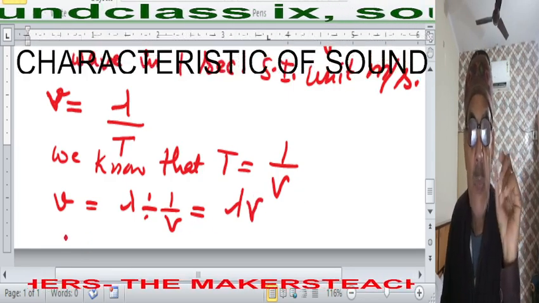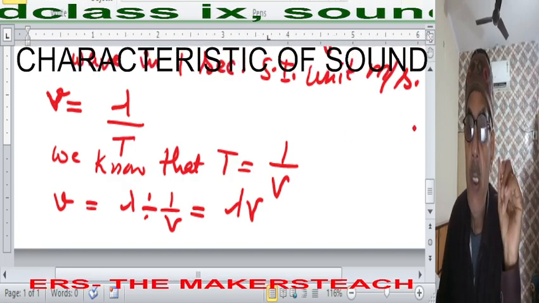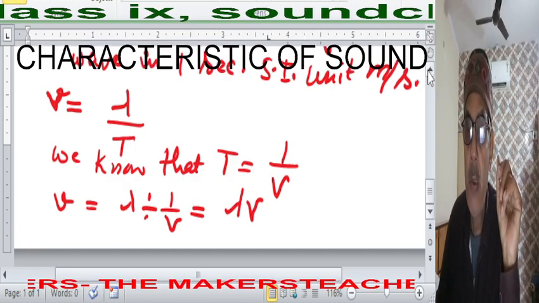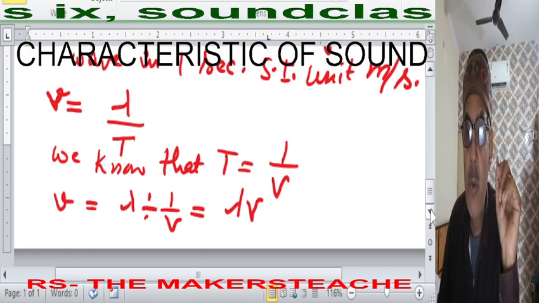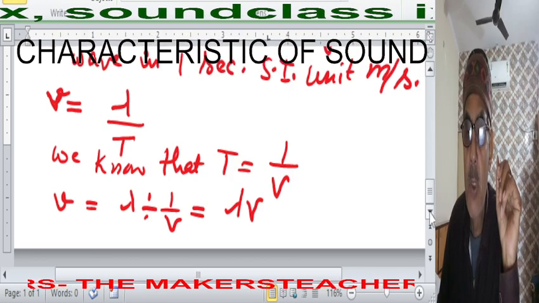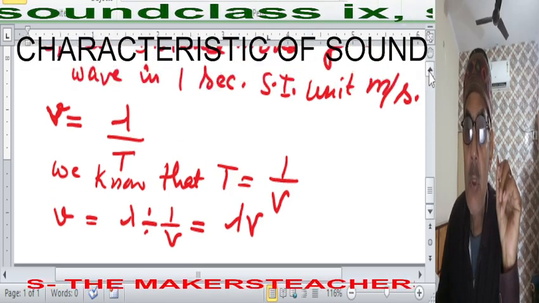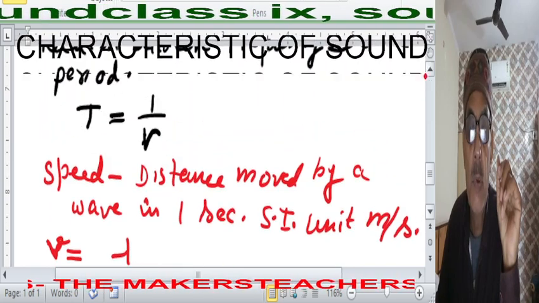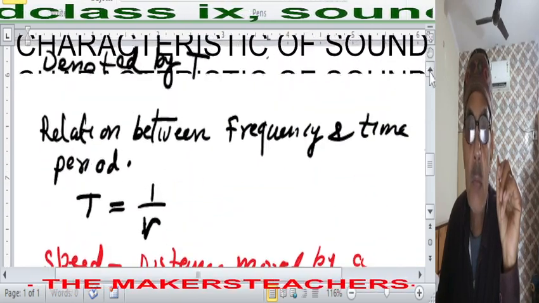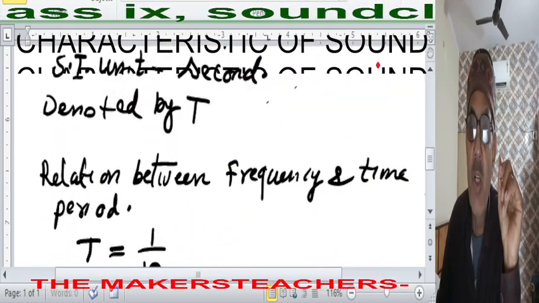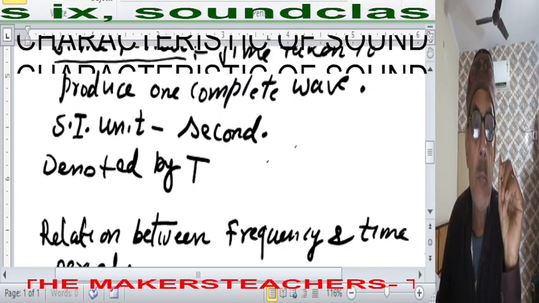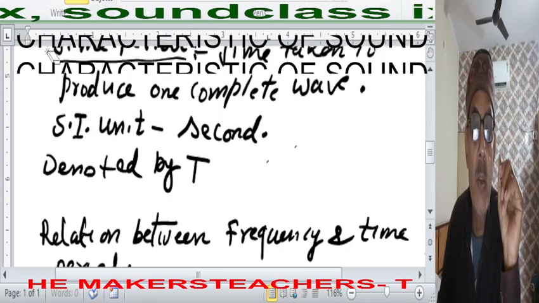So there will be maybe one numerical on this relation v is equal to lambda nu.